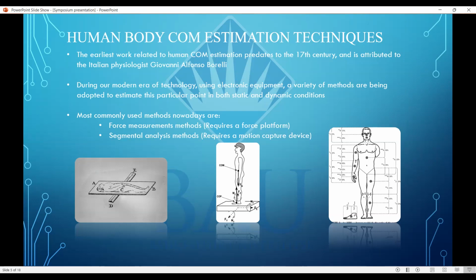Now, moving to the other common methods, like the segmental analysis method, this one requires a motion capture device that captures the position and orientation of the body segments. Usually in these studies, they determine the segment parameters relying on data taken from studies done on cadavers. Usually these studies were published in the last century, but it is still widely used.